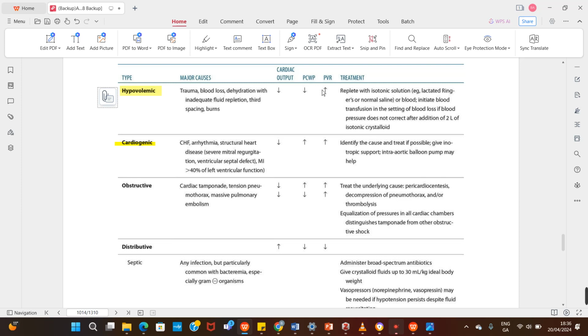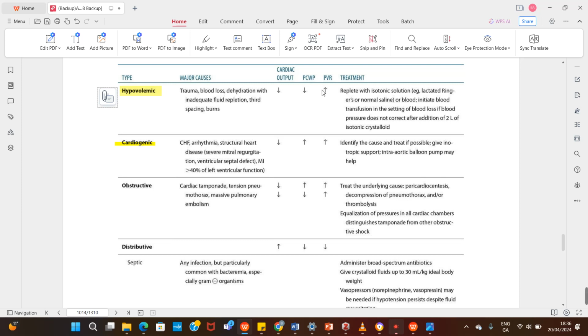So the first is hypovolemic shock. Hypo, low, volemic, volume, low blood volume. That's what it means. So anything that can bring about a reduction in the blood volume brings about hypovolemic shock. So this can be caused by trauma.